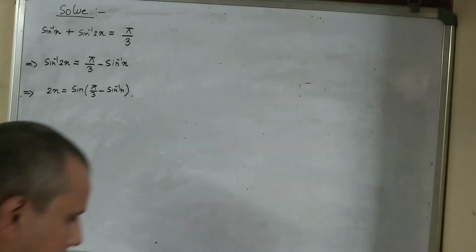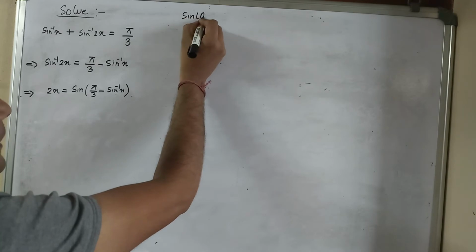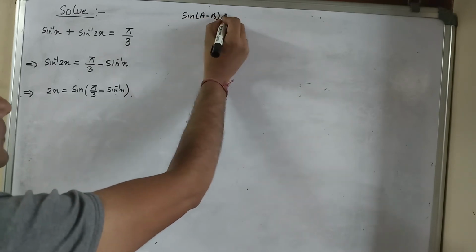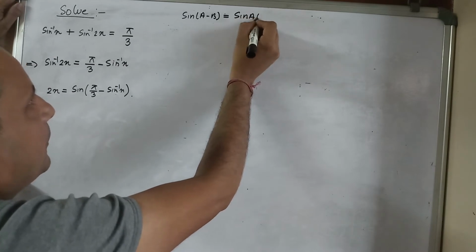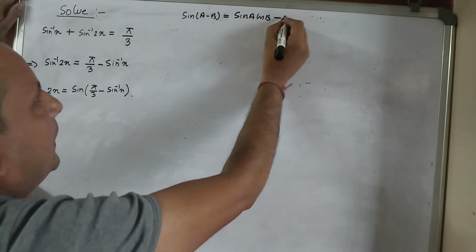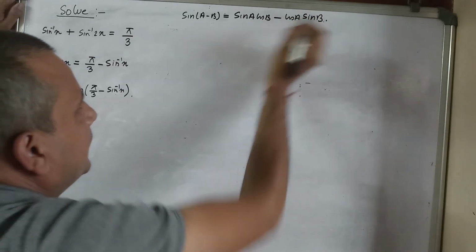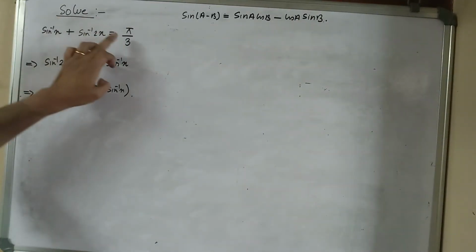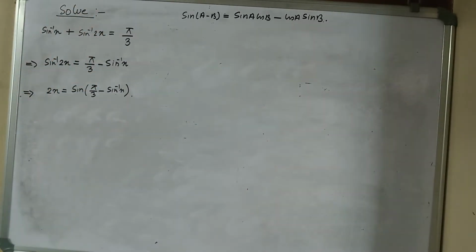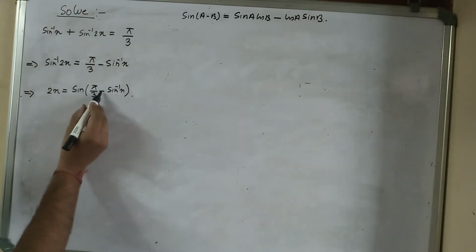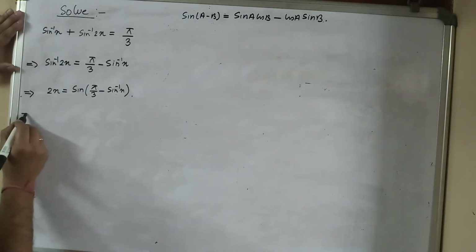You did these things in class 11 trigonometry, compound angles, sine a minus b. The formula of sine a minus b is sine a cos b minus cos a sine b. I'm going to use this formula if the right hand side is pi by 4, pi by 3 and pi by 6. Sine a minus b, a is pi by 3, b is sine inverse x. So I'll use the formula.